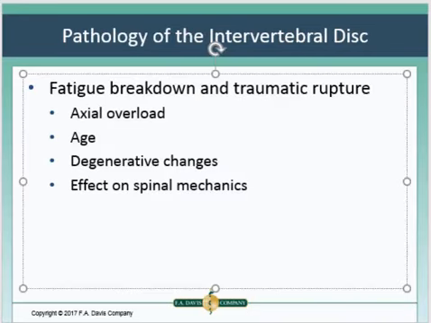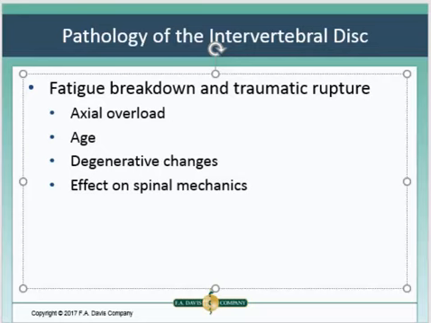All right, so there can be breakdown of the disc, and that's usually what's happening. This occurs with a lot of axial overload or a lot of pressure through the spine. You'll see this around here a lot with those who have been on airborne status and had a lot of airborne operations where they've had repeated falls or repeated jump landings.